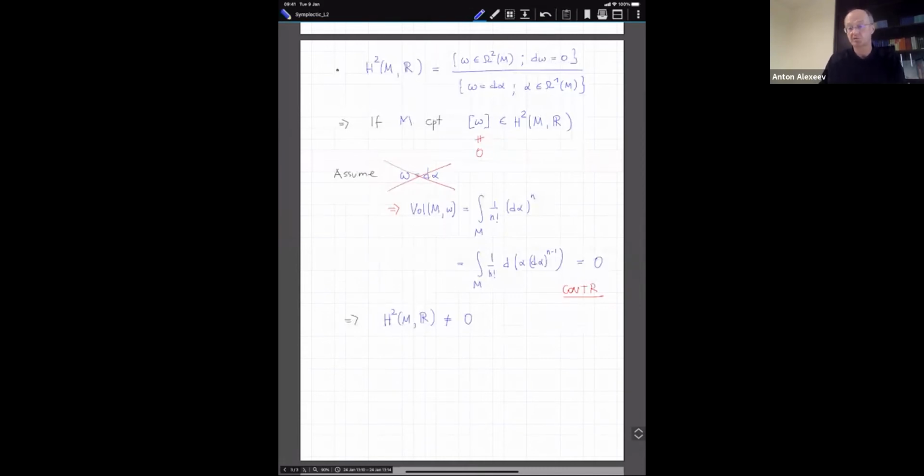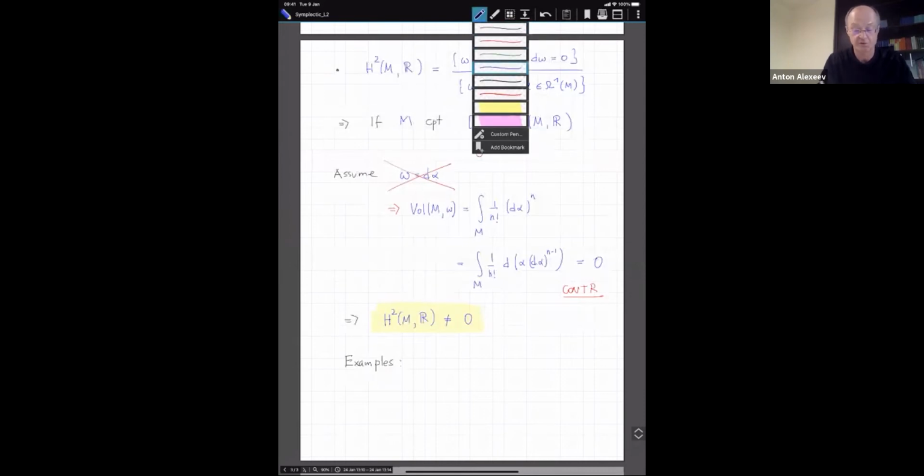If you know something about it, it's already an interesting fact that for compact manifolds you always need H2 non-zero. We're going to return to it later in the course, but this already excludes many possible examples.